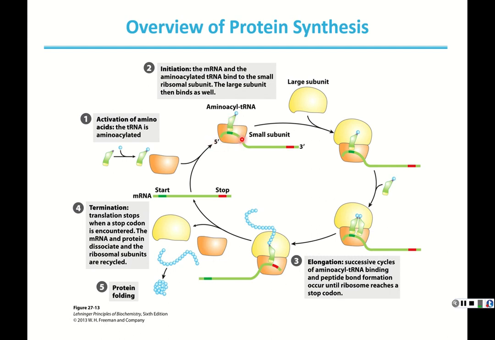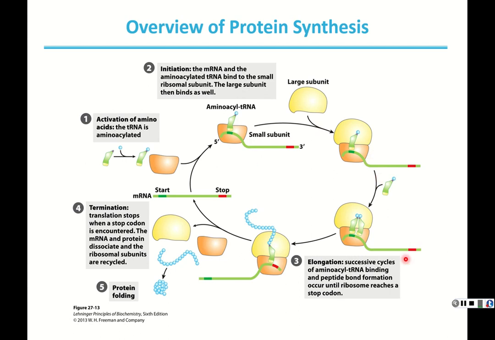So the small subunit will bind that messenger RNA at the start codon and the start tRNA. Then when that happens, the large subunit can bind, and we get initiation.